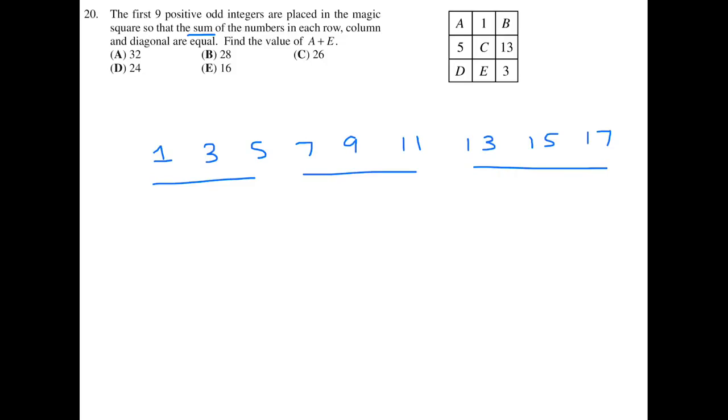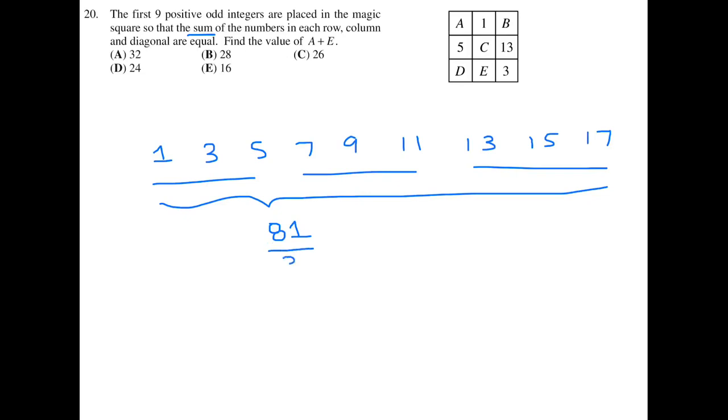Okay, well, a lot of trial and error here, but it shouldn't be too bad. The first thing I'm going to do is add up all these numbers. And if I do that, I'm going to get 81. And 3 numbers, whatever order they're in, that order or a diagonal, have to add up to 1/3 of this, because the total is 81.